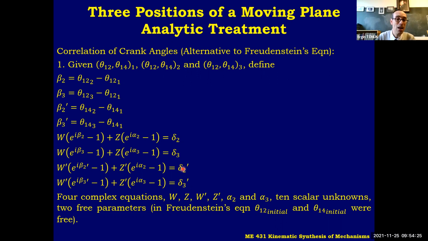So what we have is 1, 2, 3, 4 complex equations, or if you like, 8 scalar equations. We don't know W, we don't know Z, we don't know W prime, we don't know Z prime. We specify betas, the crank rotation, and beta primes, the follower rotation.